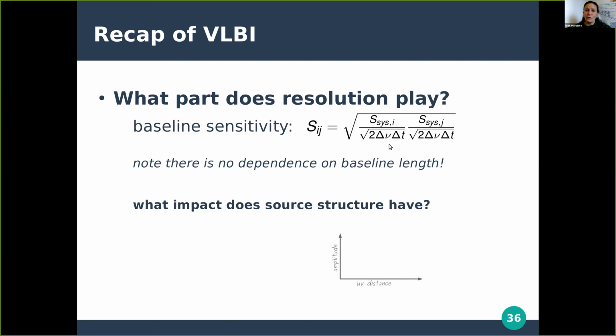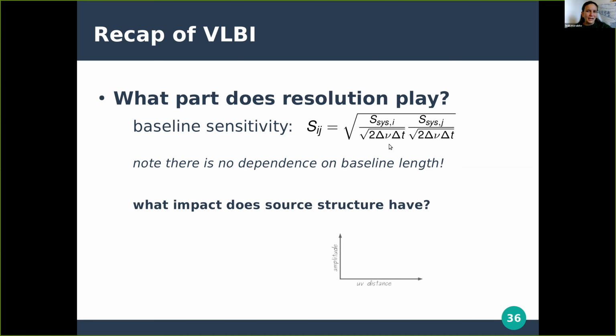So it doesn't matter how long your baseline is, any two pairs of antennas will have the same sensitivity. And sensitivity is important because when we're doing calibration and we have to solve for these Jones matrices, we need to have good enough signal to noise that we can actually solve for the Jones matrix.